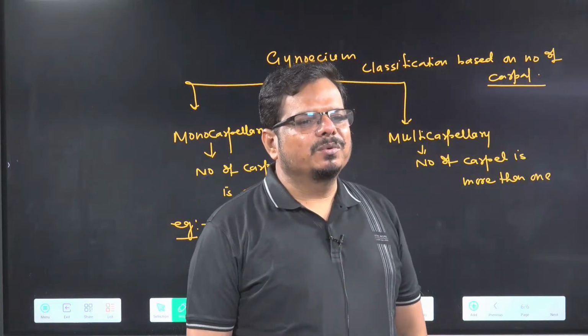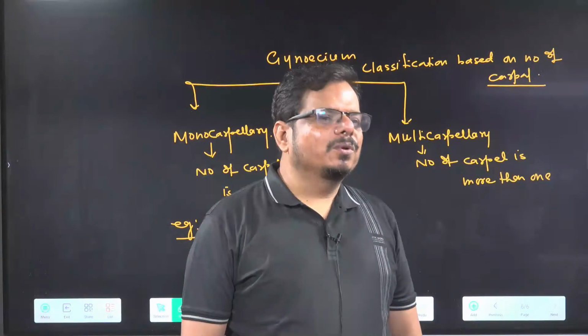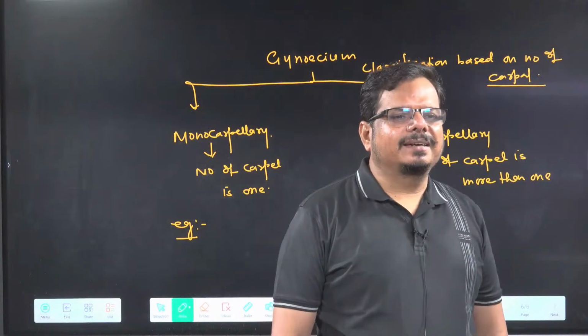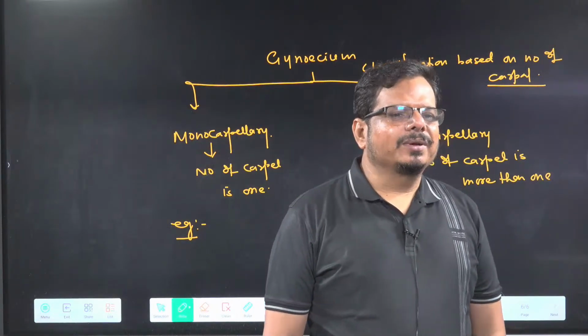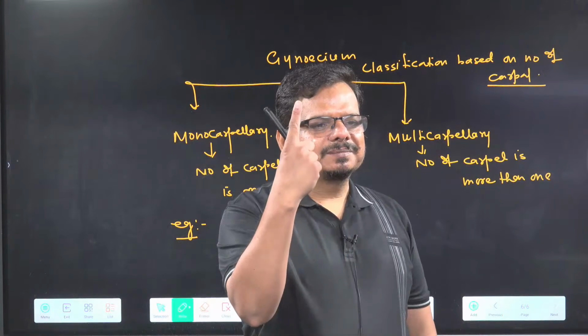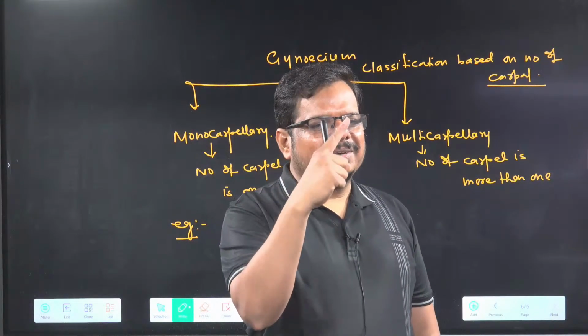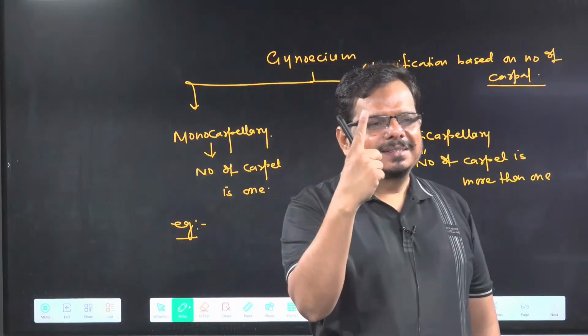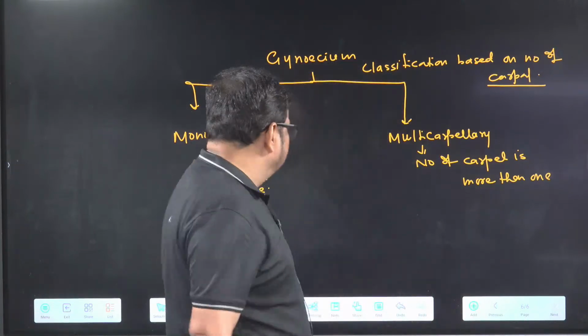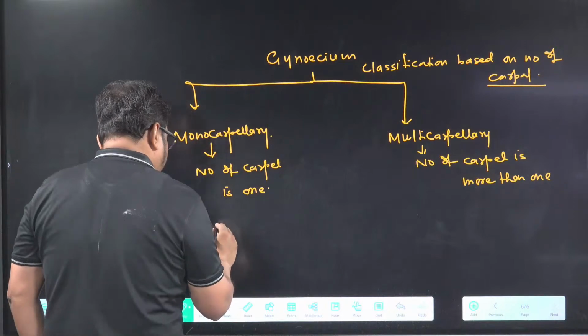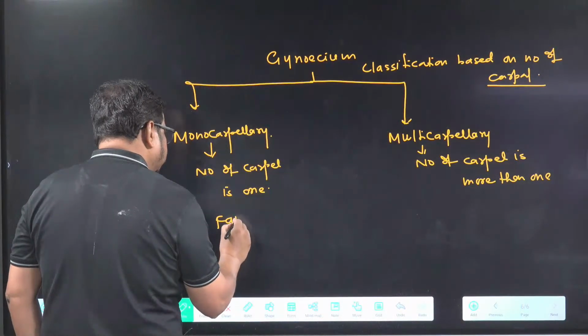See the floral formula of Fabaceae. Open your NCERT. How many carpels are there? Only one, na? You have found it. So can I write the example as family Fabaceae?